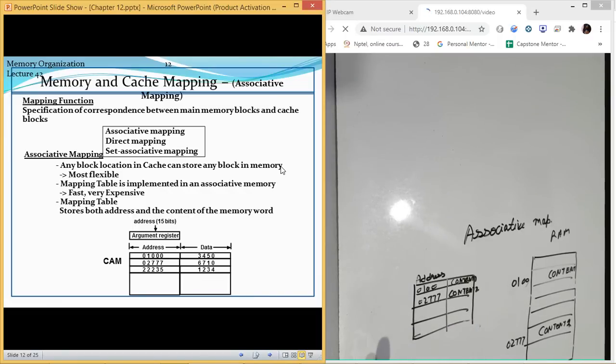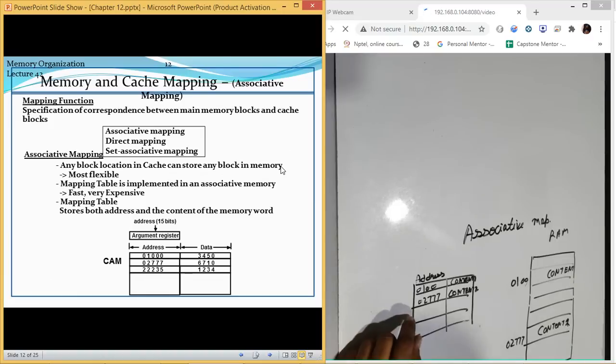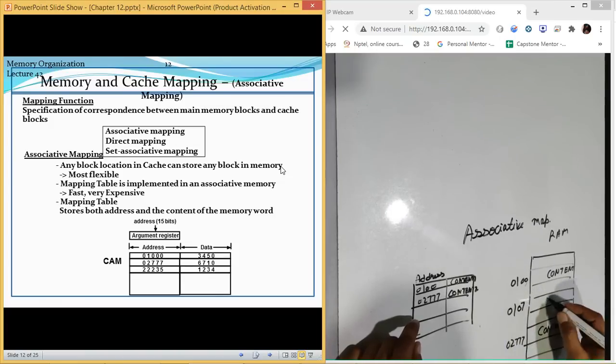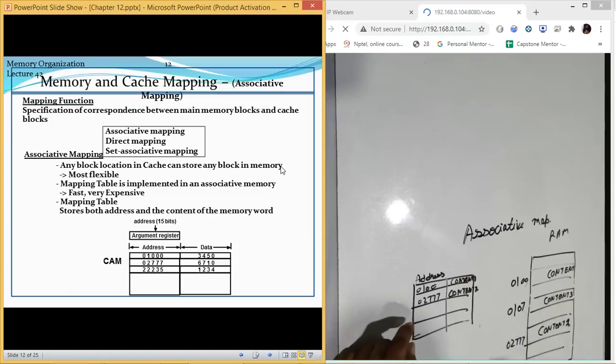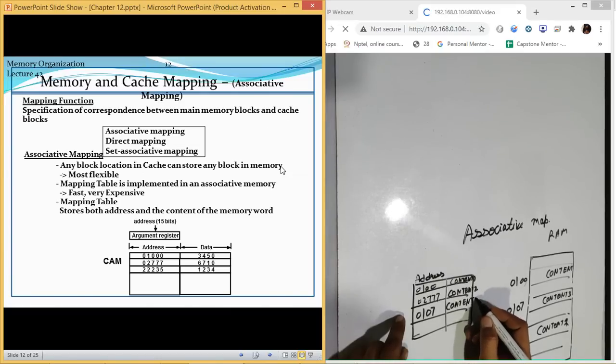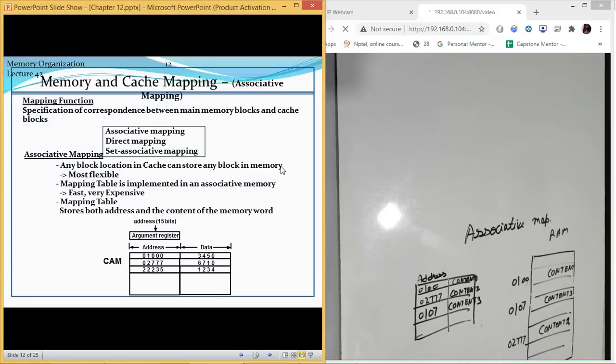We don't have any designated place for any type of address. Like if this is an address like 0107, this is content 3. It might be stored at this place. We do not have any designated space for any address.